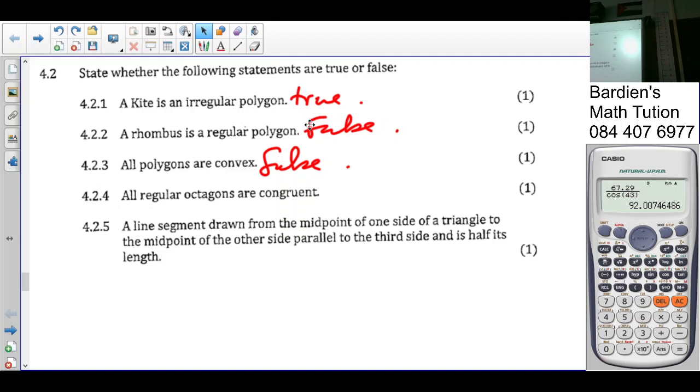All regular octagons are congruent. What does congruent mean? Exactly the same size and exactly the same angles. All regular octagons, regular means to say all the sides, all the angles are the same, are congruent. The answer is false. Why? Because they're not all the same size. But are all regular octagons similar?